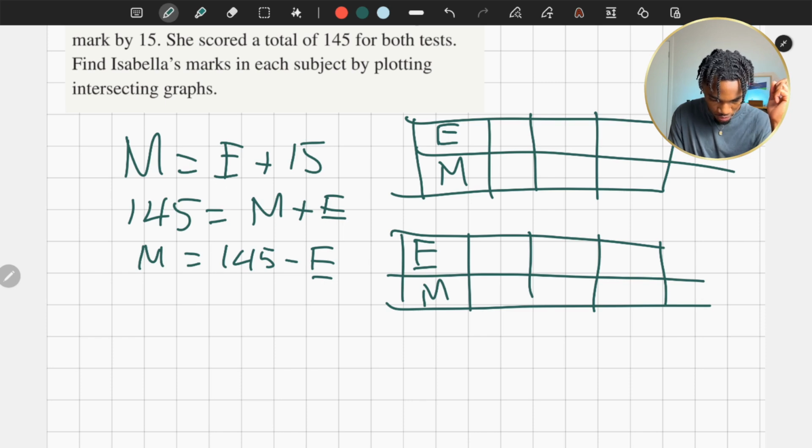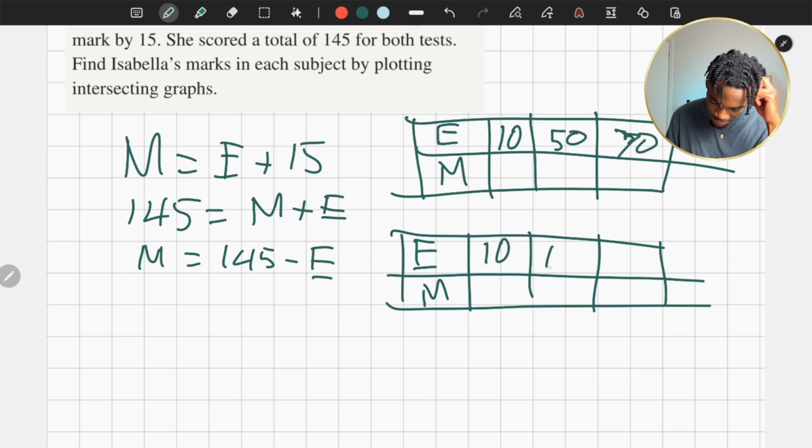For this first one, I might choose E as 10, 50, 70. Same for the other, 10, 50, 70.